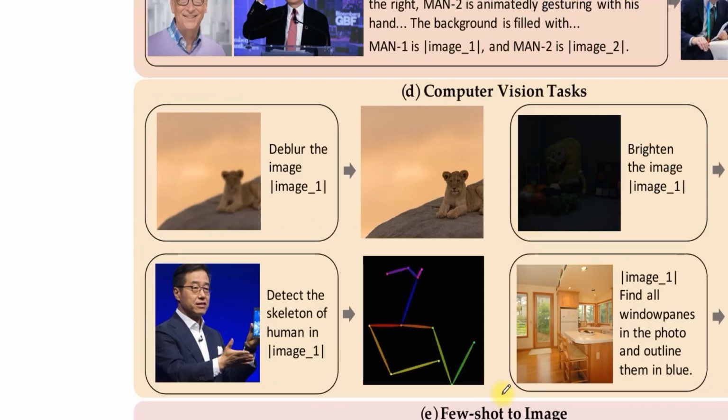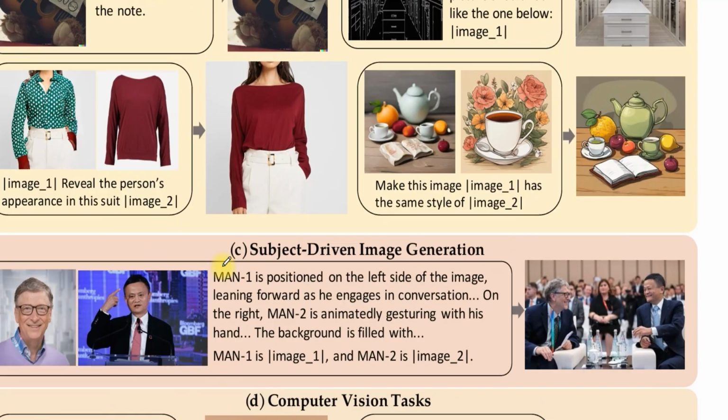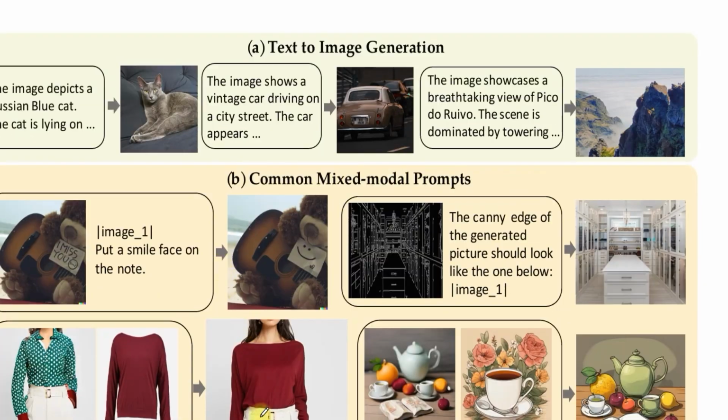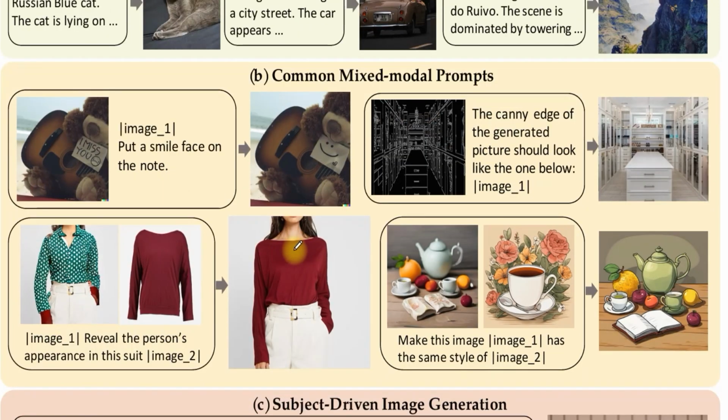So, how did OmniGen learn all of this? Well, the team behind it created a massive training dataset called X2I. Here it shows examples from this dataset. Each task in the dataset has a specific setup with text and images combined in what they call an image-to-text sequence. You'll see placeholders like image 1 or image 2.